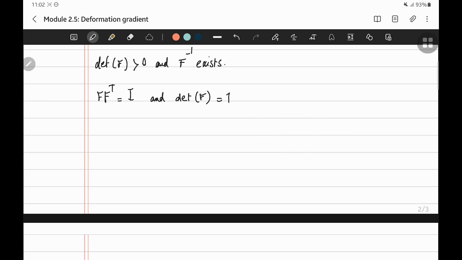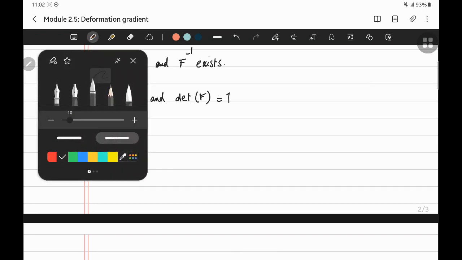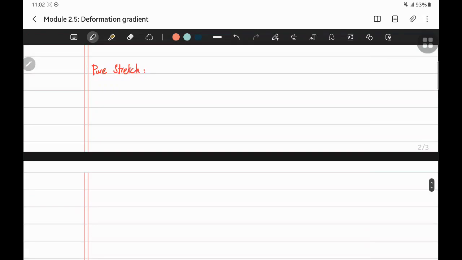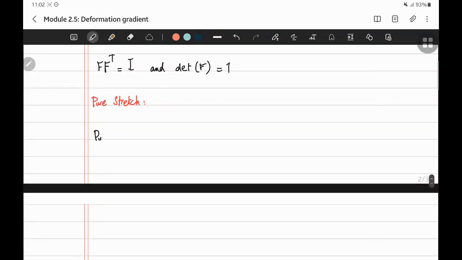The next special case is pure stretch, or pure stretching deformation. Pure stretch is a deformation tensor that is positive definite.